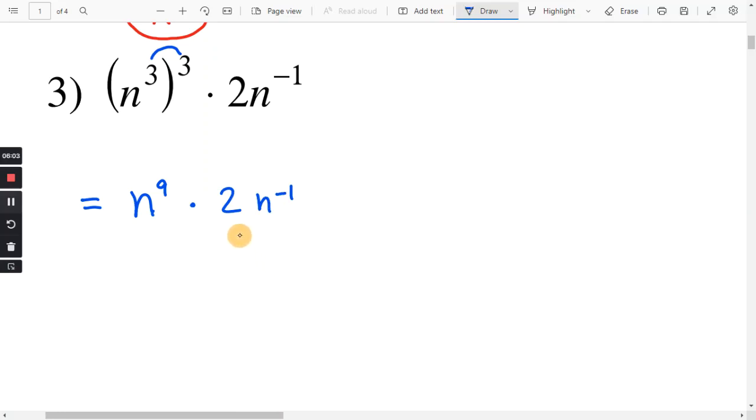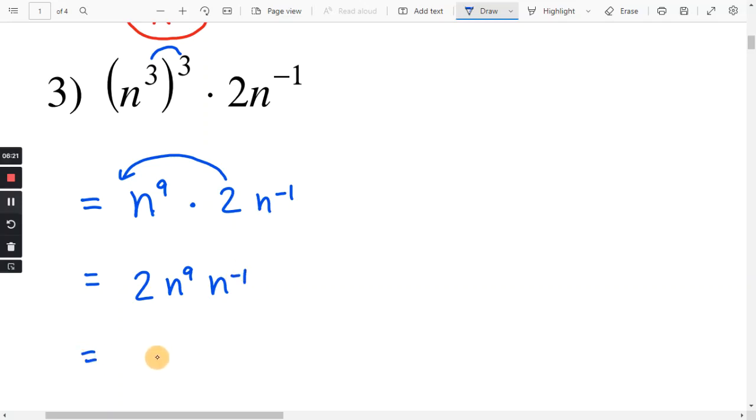Now these are all multiplied, so we can move the 2 to the front just to make it a little easier to look at. So that's going to be 2 times n to the 9th times n to the negative 1.